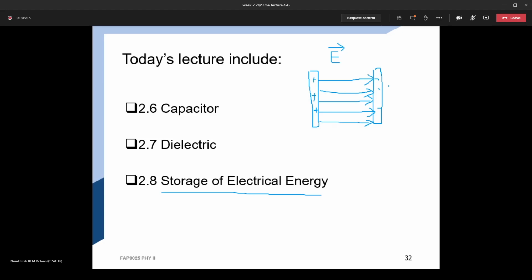If you have a capacitor inside the circuit, the capacitor already has energy stored in it. That means it will help the circuit to make the current stable in a short time. So that's why when you switch on the fan, it can easily rotate, because the capacitor already has the energy, and it will rotate straight away.